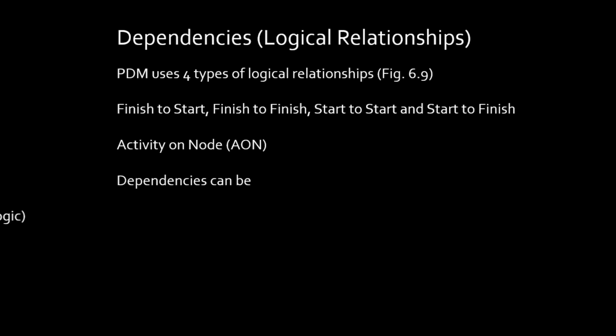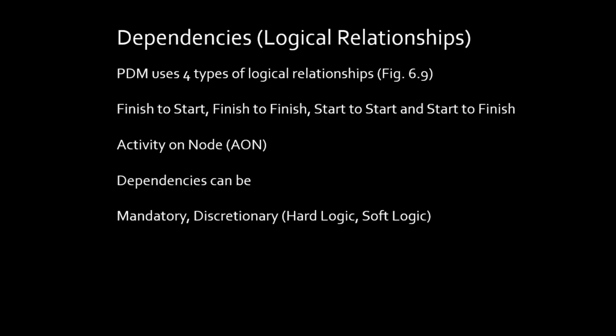Dependencies can be either mandatory or discretionary. I want you to think about that a second. The flow of work, all right? Let's take a construction project, for example. I can't start building frames until I've laid the foundation, right? Just a nice simple example. So that's a mandatory dependency, is it not?